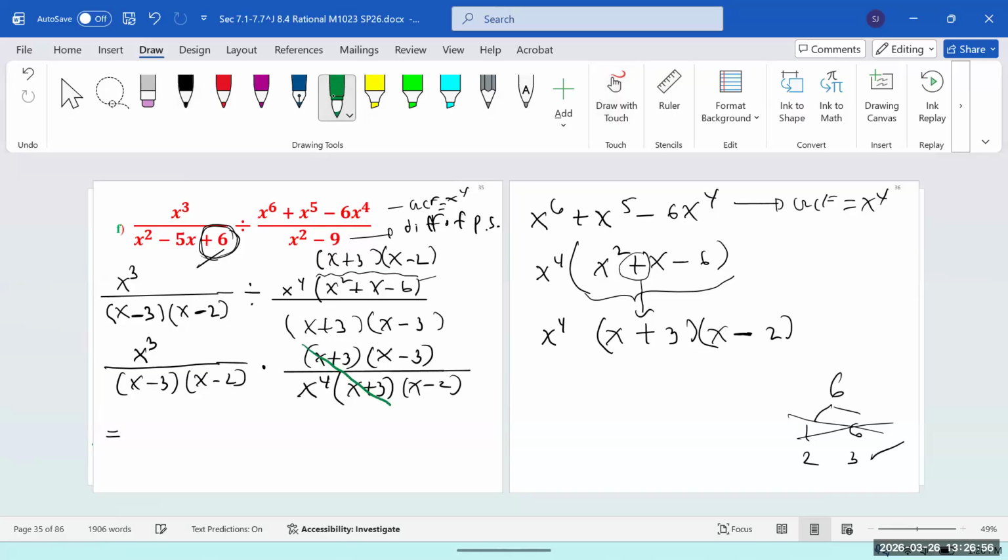X plus 3. But x minus 2, they're on the same level. You cannot cancel something when they're on the same level. X cubed and x to the 4, we get x. X minus 3, x minus 3. X minus 2 squared.